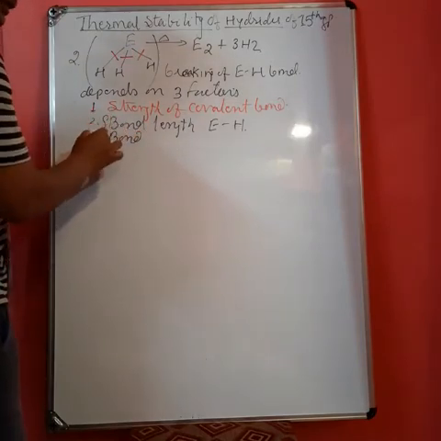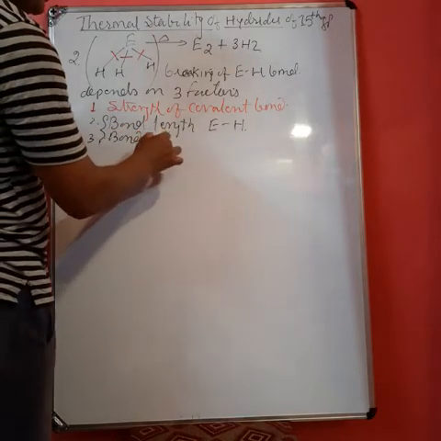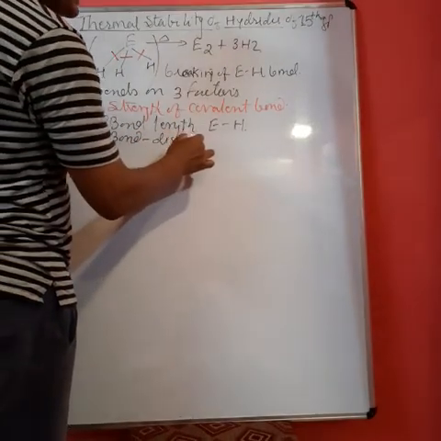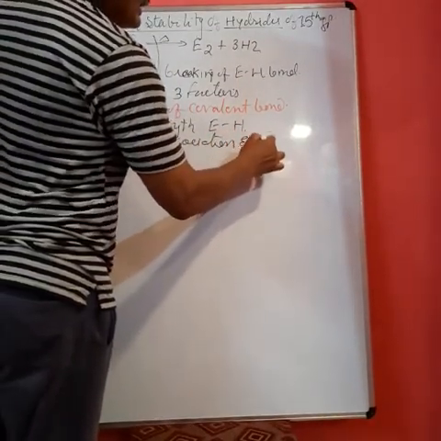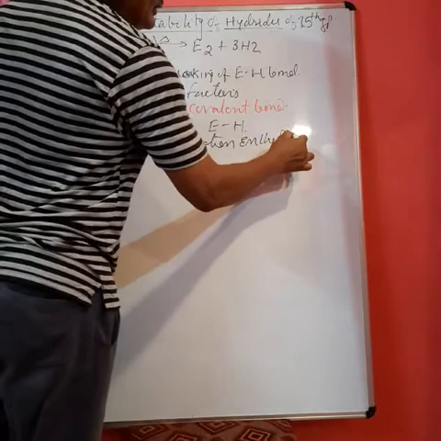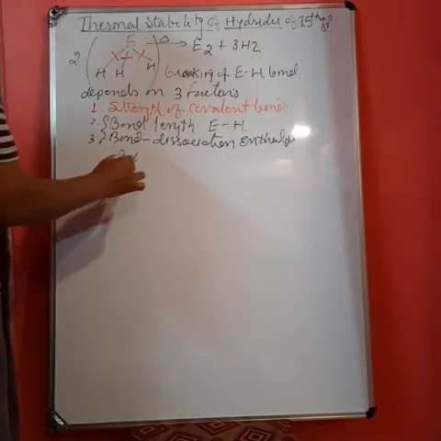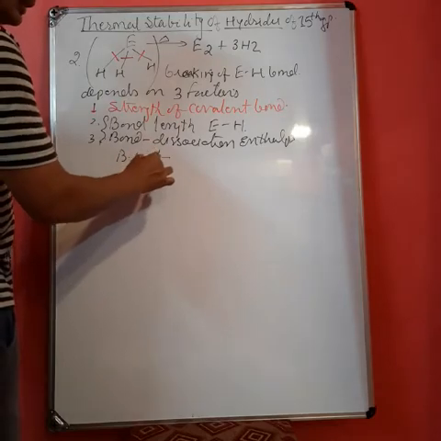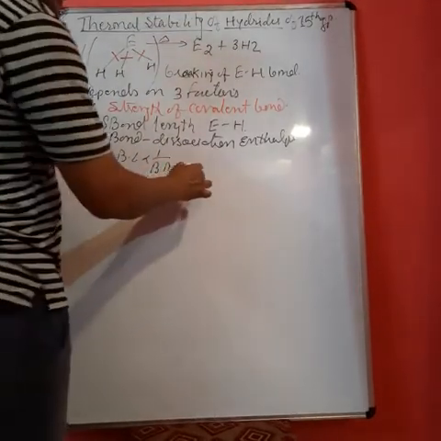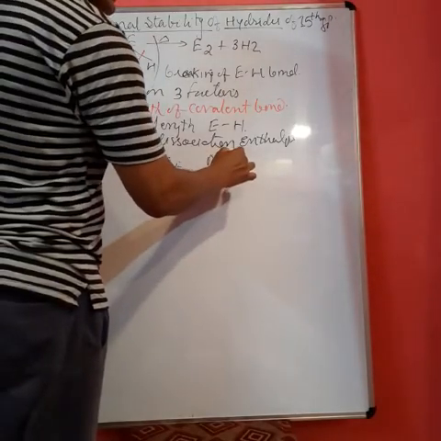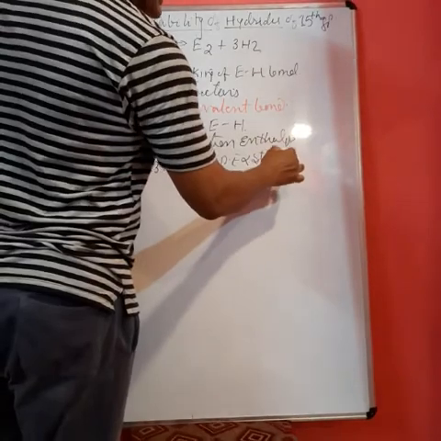Actually, these are related to each other. Students, you know that bond length is inversely proportional to bond dissociation enthalpy, and bond dissociation enthalpy is directly proportional to stability.